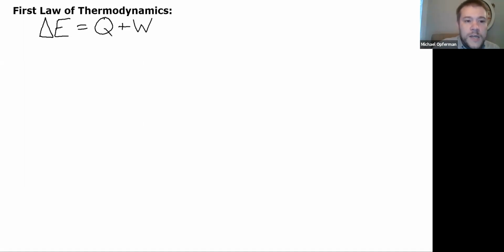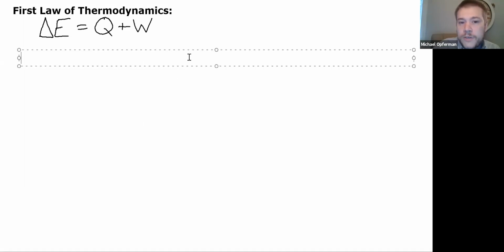Let me clarify those definitions, because as you remember from the work section of the course, you get into this whole sticky issue of positive and negative sign with work, because it depends on whether you are talking about the work done on the material or the work the material is doing on another object. You run into a similar issue with heat as well: are you talking about the heat flowing into the material or the heat flowing out of the material?